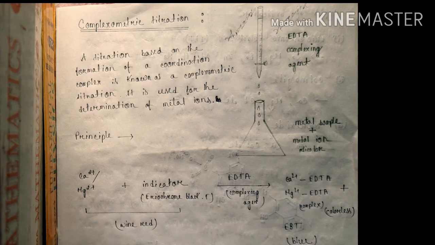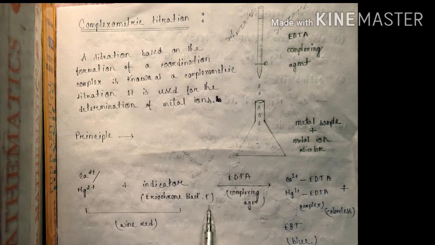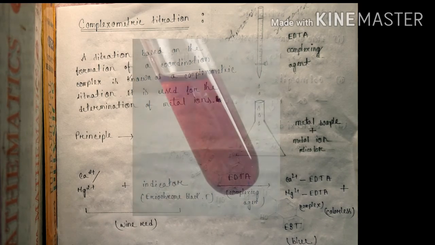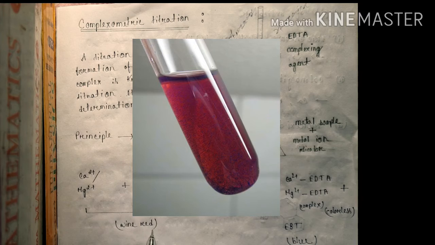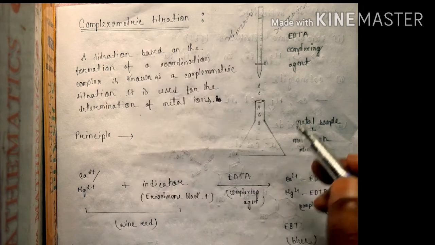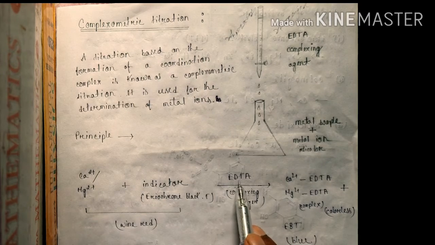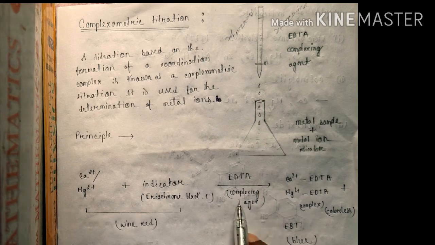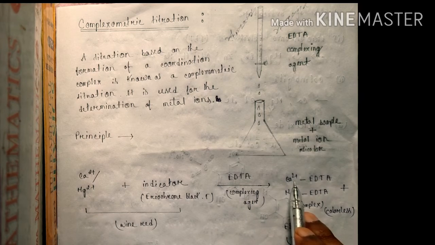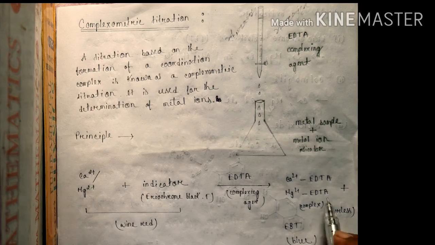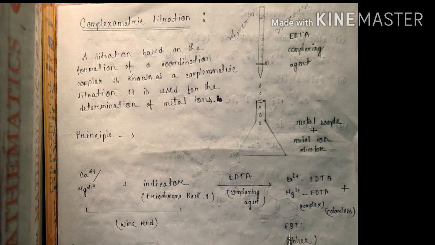Then we add an indicator, where we can use Eriochrome Black T, and this shows a color of wine red. Then we add EDTA from the burette. You can see this from the figure. EDTA, ethylene diamine tetraacetate. After addition of this complexing agent, this will form a new complex with calcium and magnesium ions, and the indicator Eriochrome Black T comes out and becomes free.